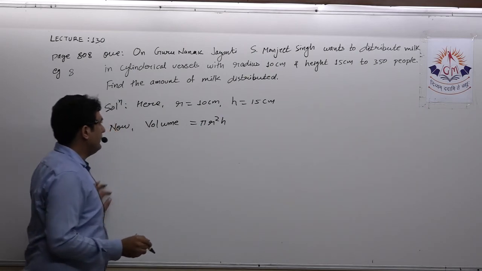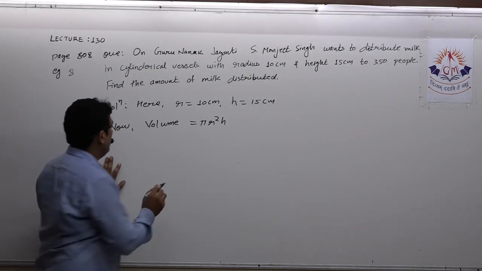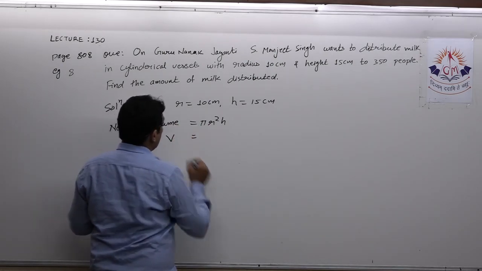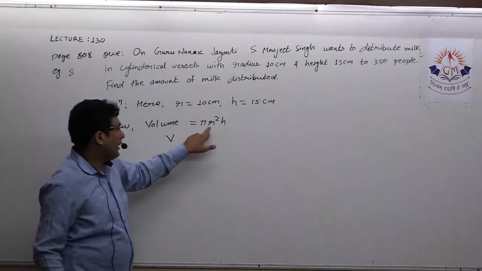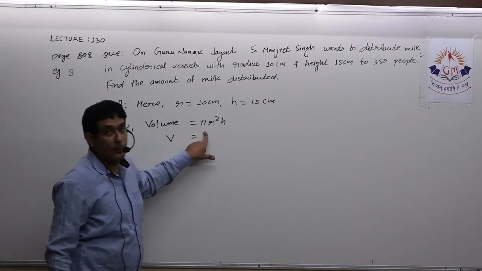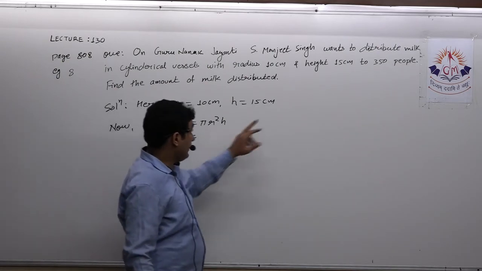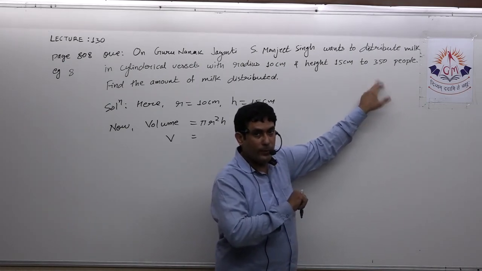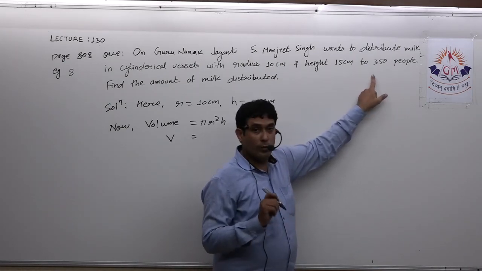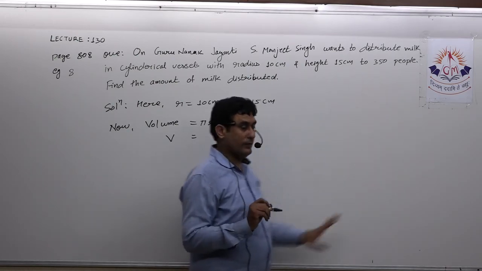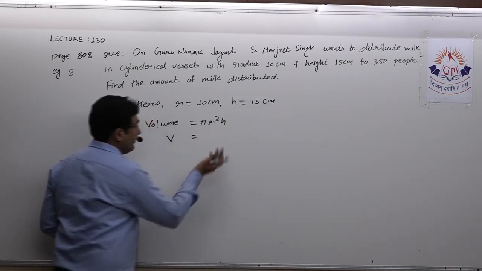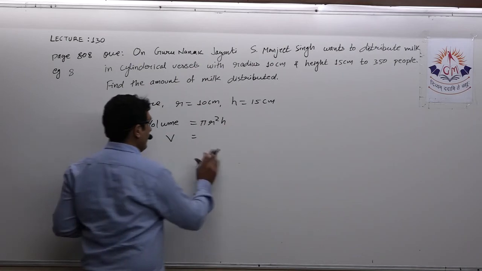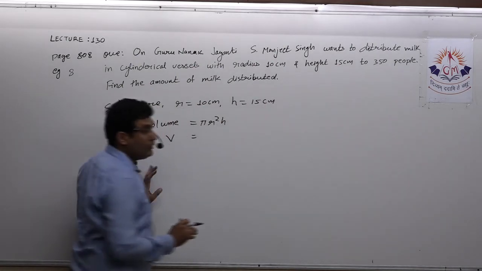Now over here you can see that this r and h both are not divisible by 7, so I could take pi equal to 3.14, but you can see this 350 people. After finding the volume of one container, definitely I am going to multiply it by 350 to get the total amount. So over there, that 7 we can cancel with this 350. So here I'll find the volume in terms of pi only, because they are not asking to get the volume of one glass. We are finding it so that we can find the volume for 350 people.